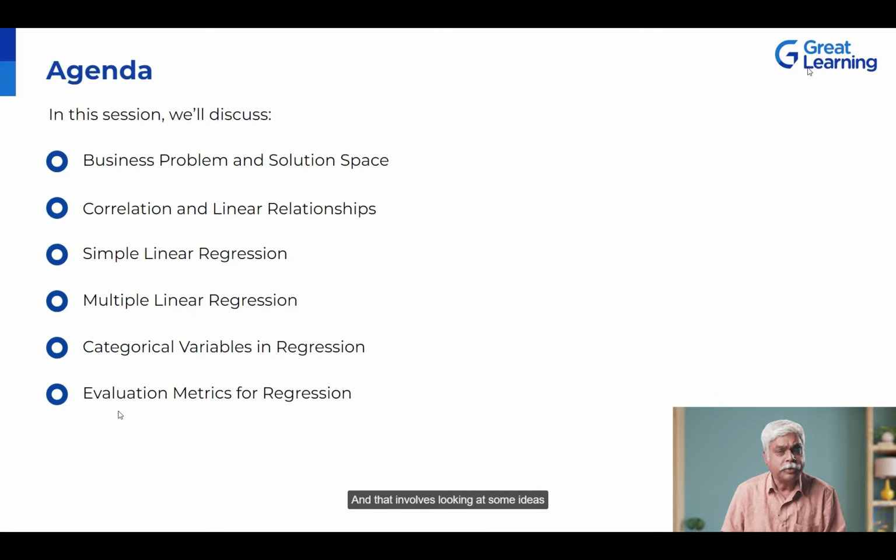And that involves looking at some ideas in being able to predict using a model and being able to understand whether a model is doing a good job, possibly in other senses, such as, for example, how big a model is. So this will be our agenda, and we will systematically go through the various aspects of this.